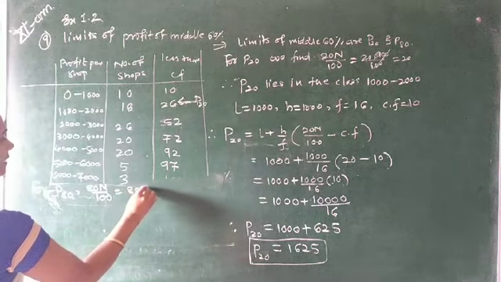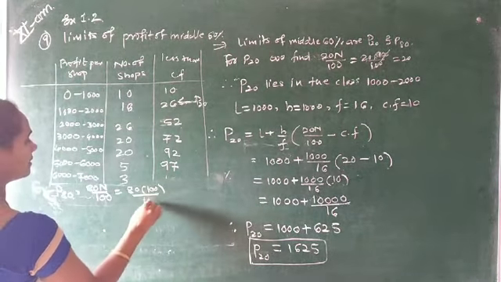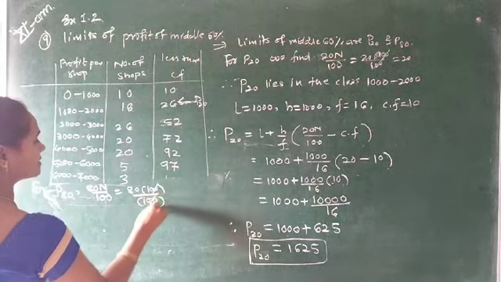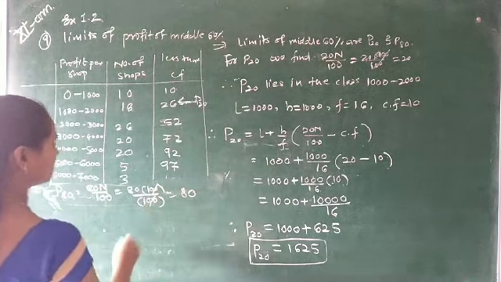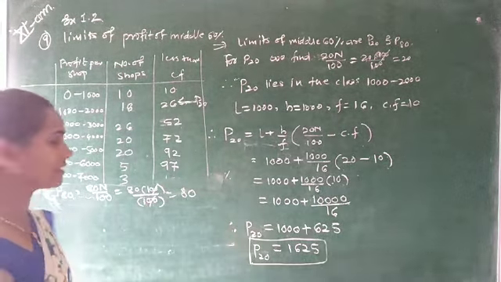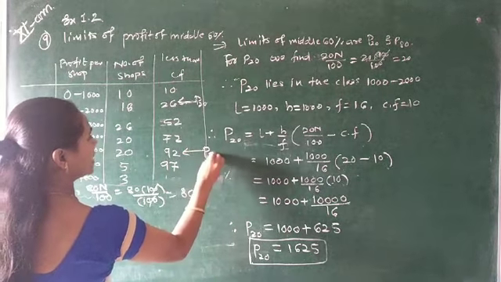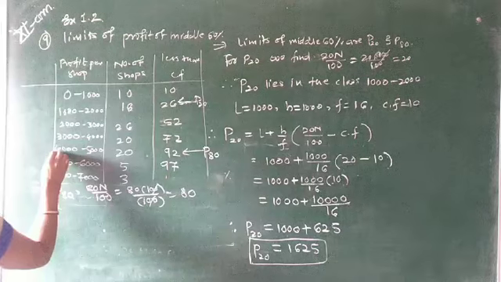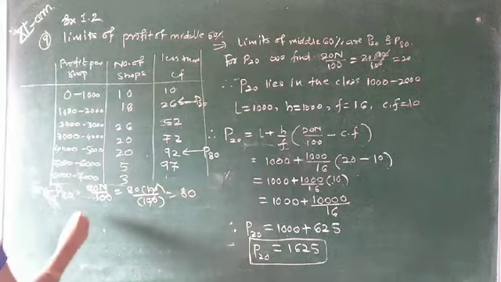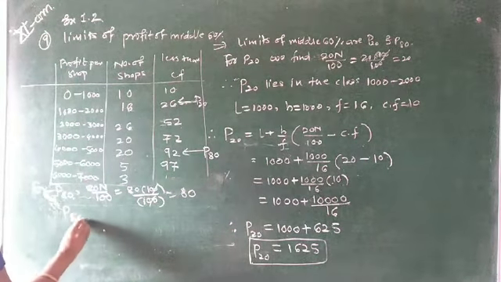That is 80 into 100 divided by 100. Again the 100 will get cancelled here, which is equal to 80. Now see, the value which is greater than 80, that means it is 92.